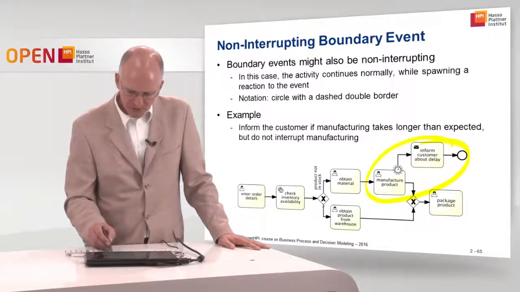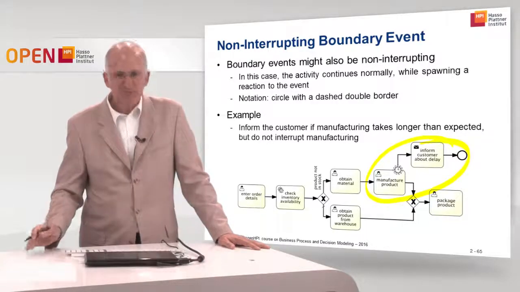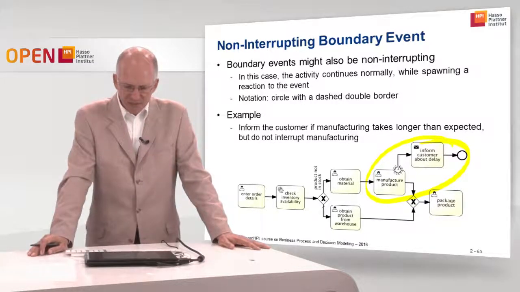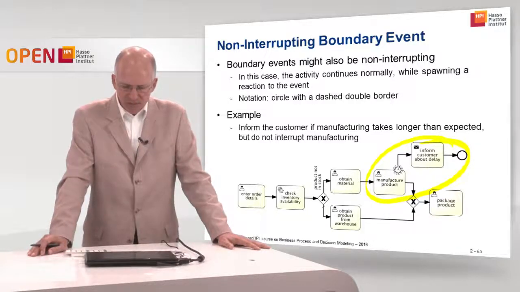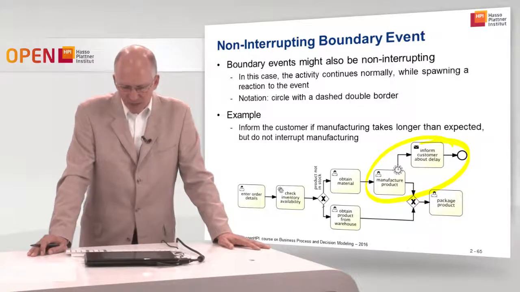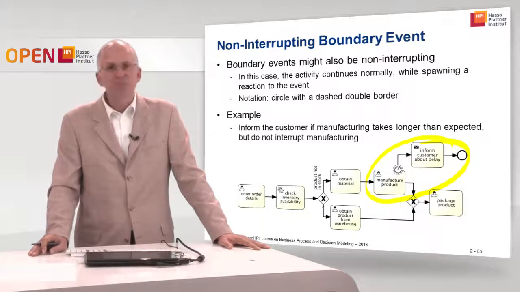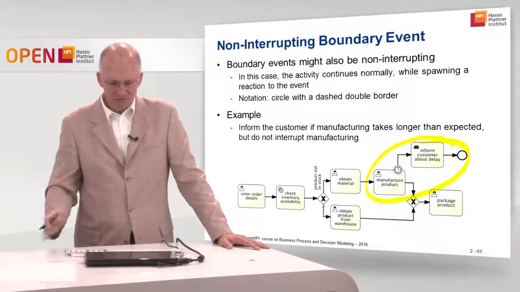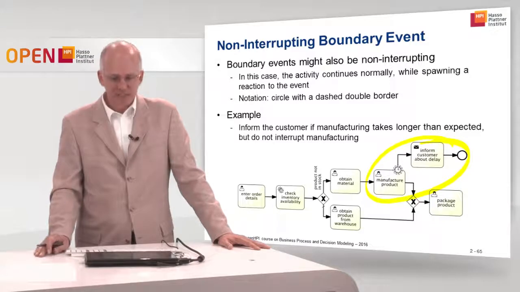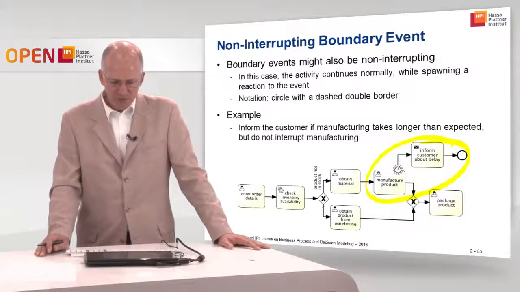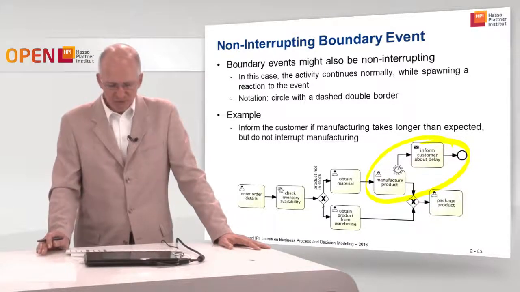Using the highlighter, I use the non-interrupting boundary event that is attached to the manufacture product activity here in the process. And I have a timer event. I could specify a certain timing, it's not further specified, that depends on the goal of the process and of what the customer expects, so the particular timing behavior is not further detailed.